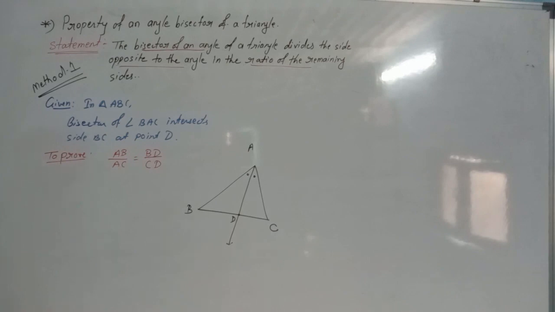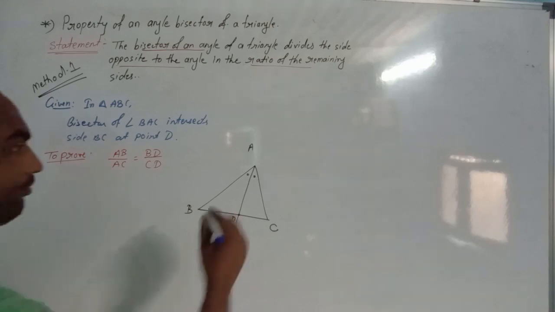Now again, in this theorem, the given data is not sufficient. So we know that if the data is not sufficient, definitely we have to do some construction. So we will do construction. In construction, what will we do?